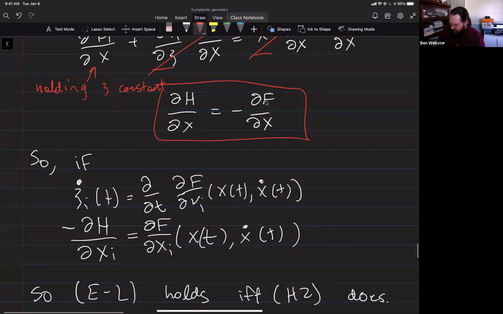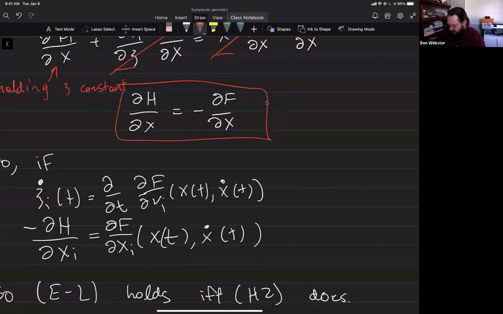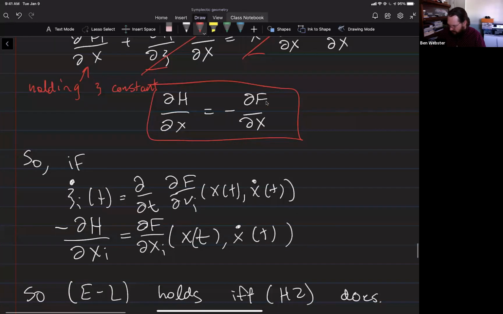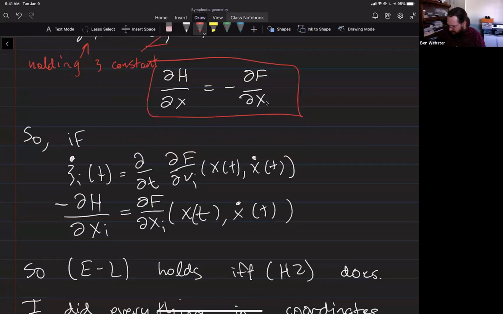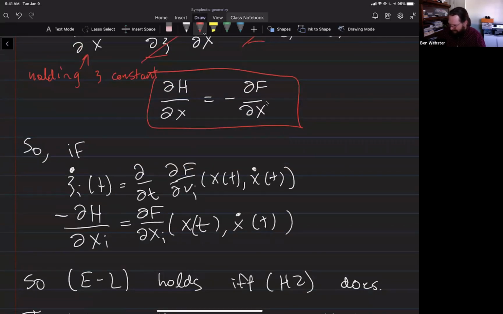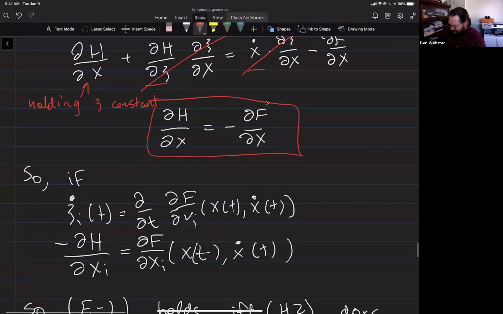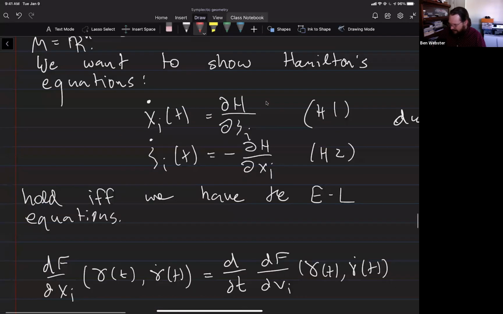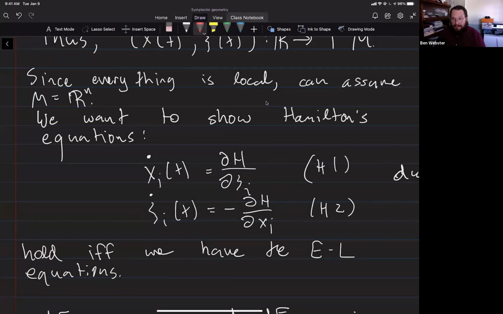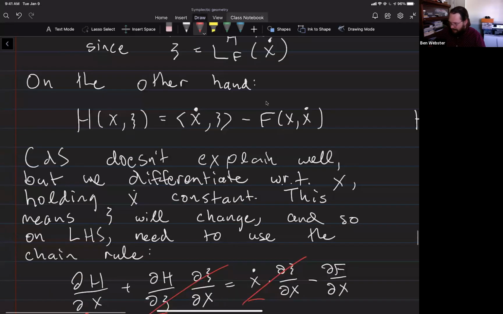All right. So I can take this. This is the second Hamilton's equation. Right, this second Hamilton's equation exactly used the space derivatives of the Hamiltonian minus those.